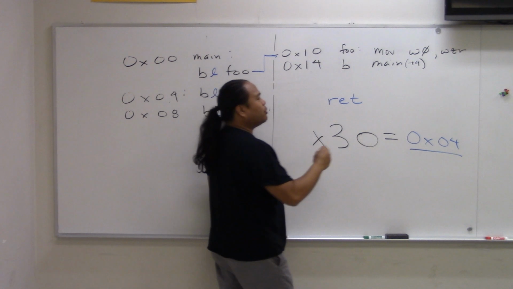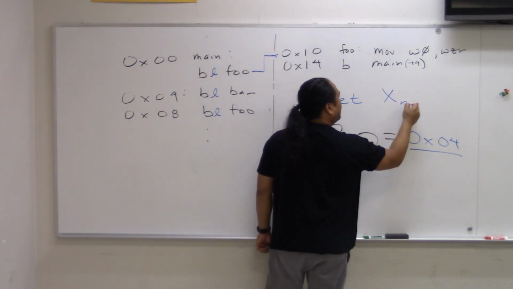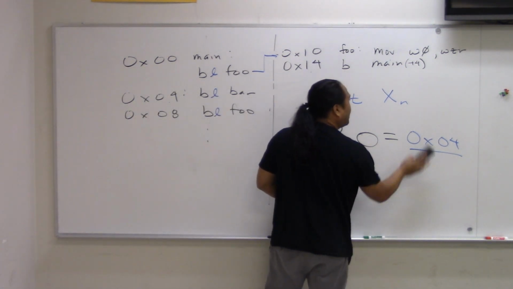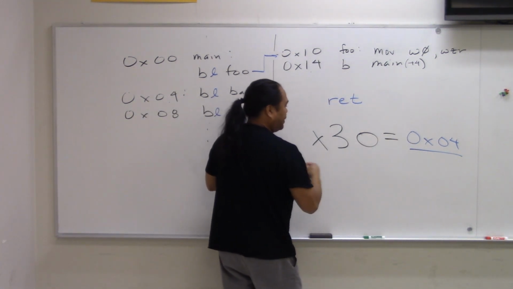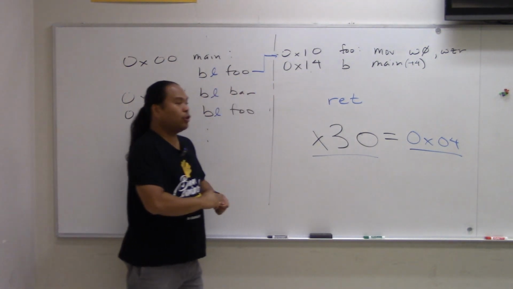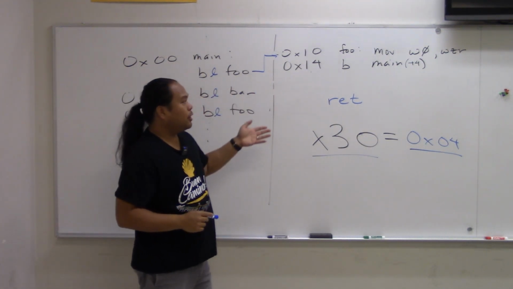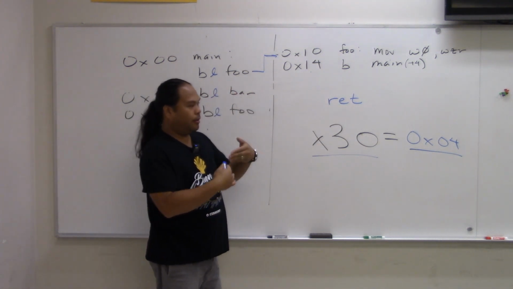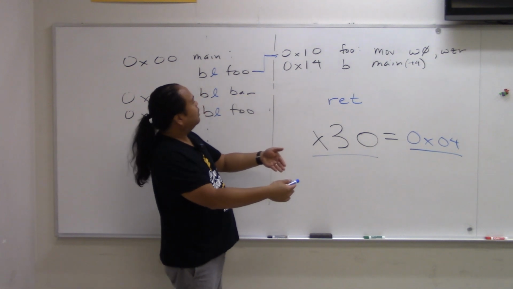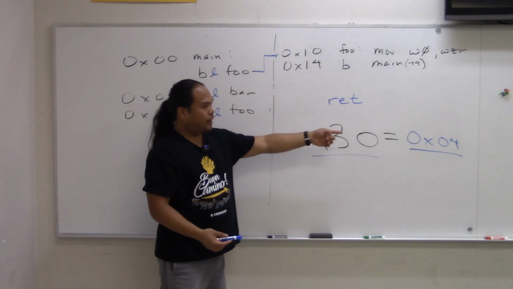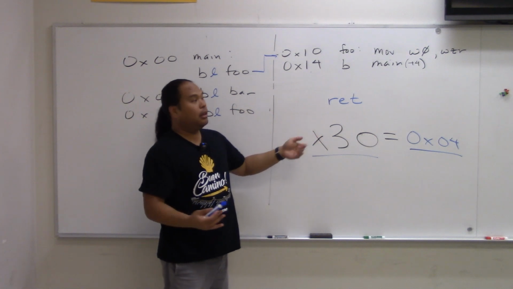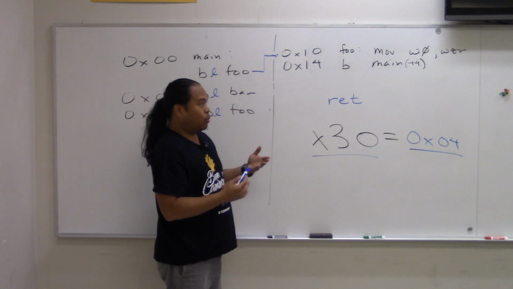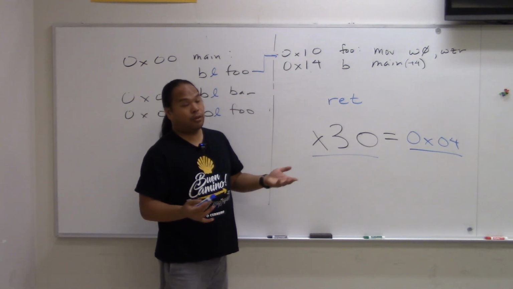So technically you're supposed to put some sort of X register here, but if you omit that, it's implied that X30 will be the return address. So basically you can just write RET, and by the way, branch and link will always place the return address into X30 anyways. In terms of the scope of this class, I don't actually see why you would need to return to any other register other than X30.